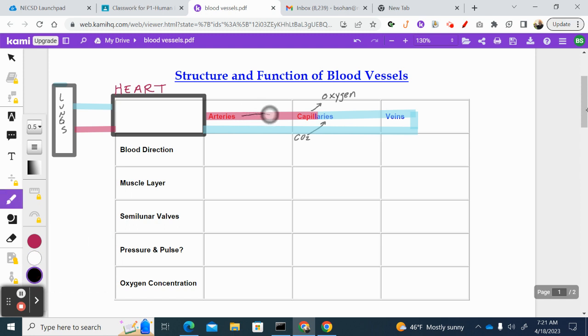So again, I'm going to put arrows in here to indicate the direction. We're going to the heart. Again, we're in a vein. We're going away from the heart. Guess what this is?